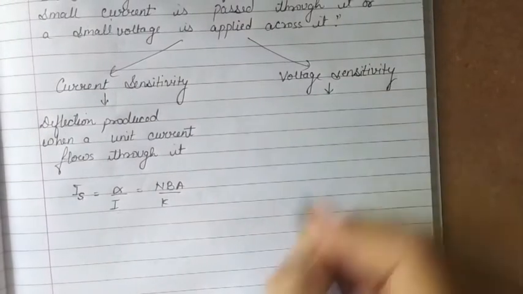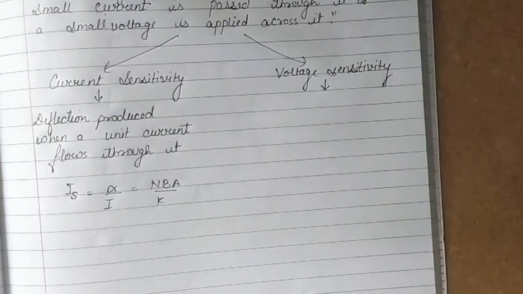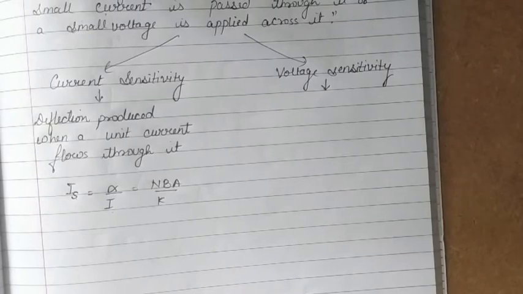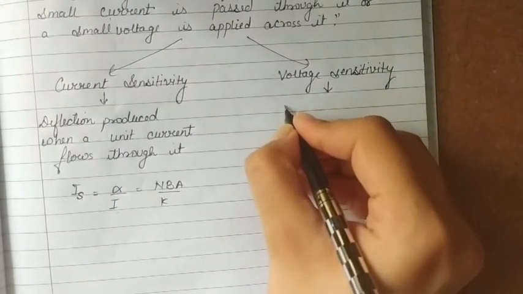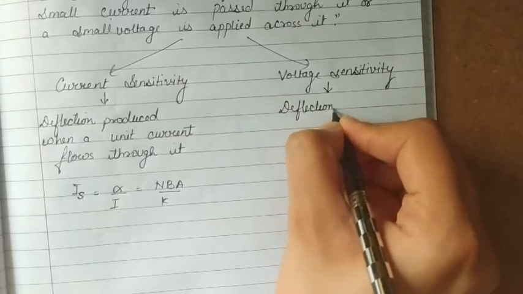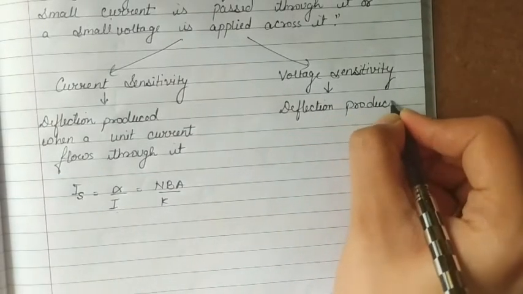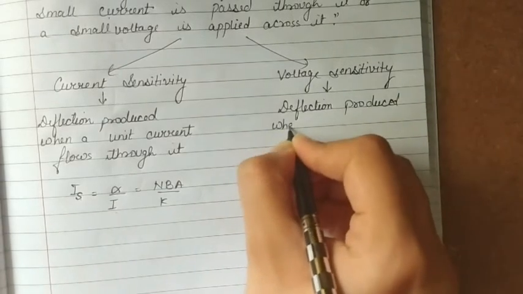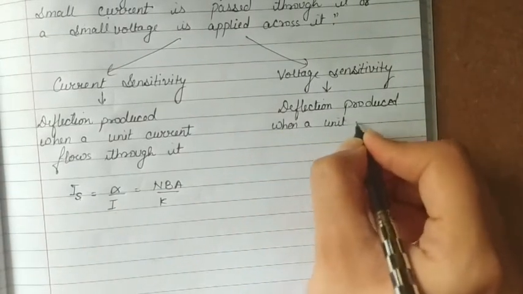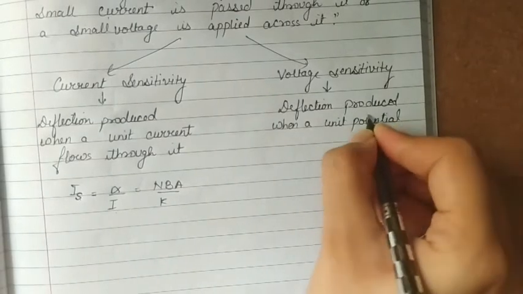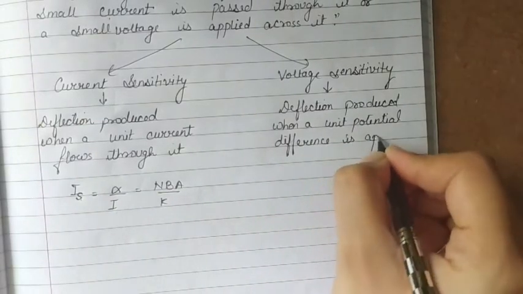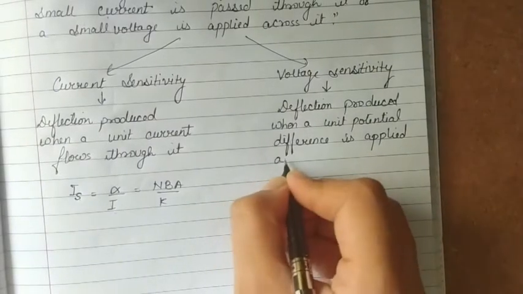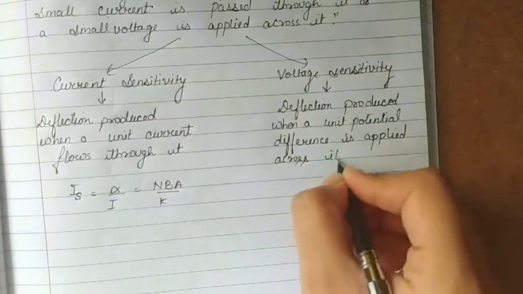Now come to the voltage sensitivity. So voltage sensitivity is actually the deflection produced in the galvanometer when a unit potential difference is applied across its ends.